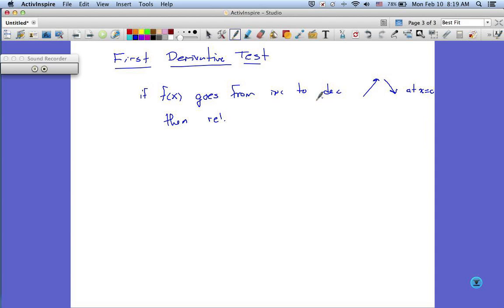We have a relative, that's the top of there. We have a relative max at c comma f of c.